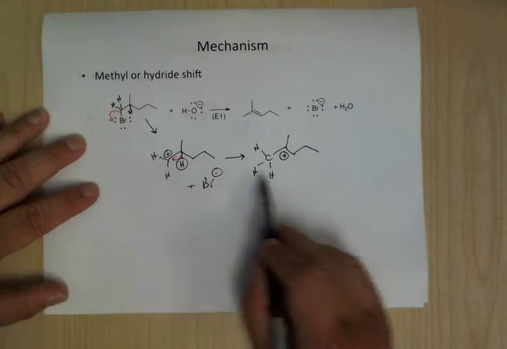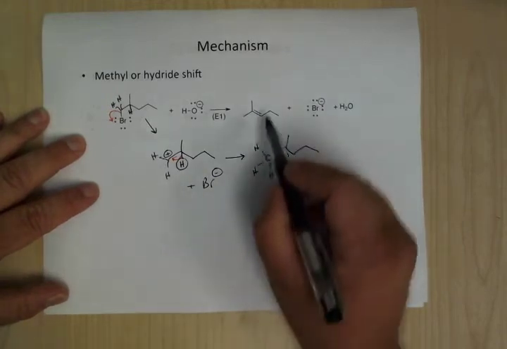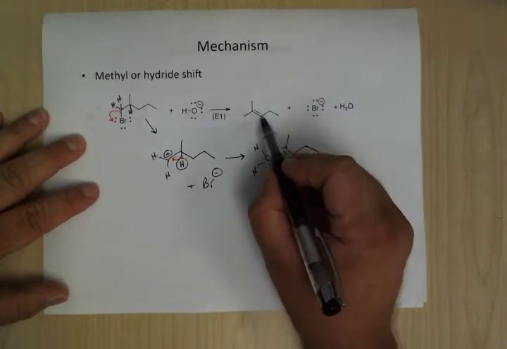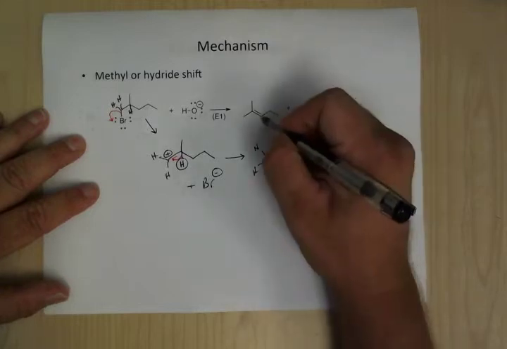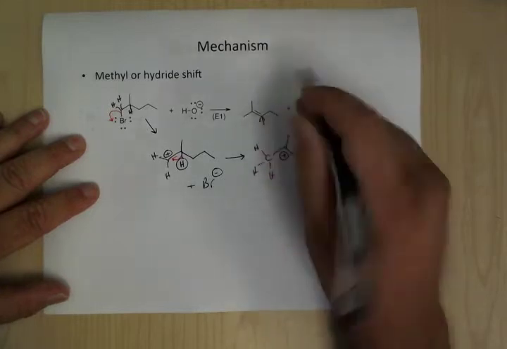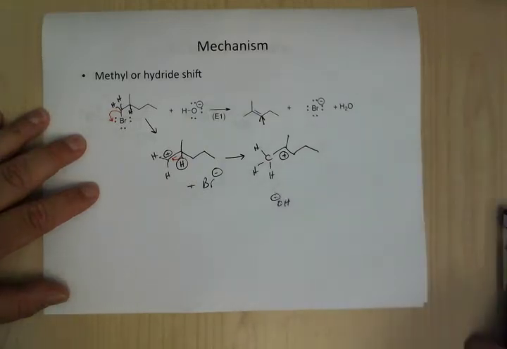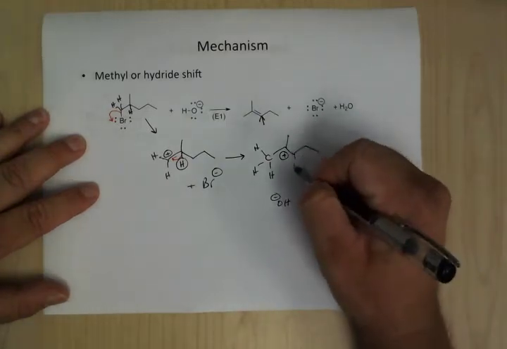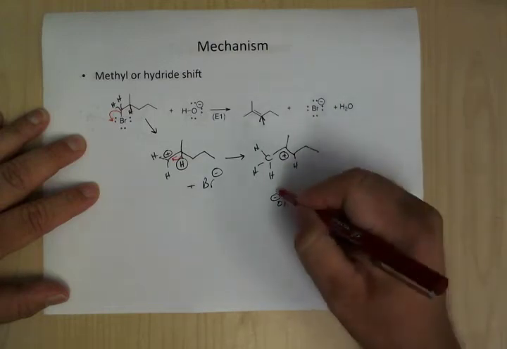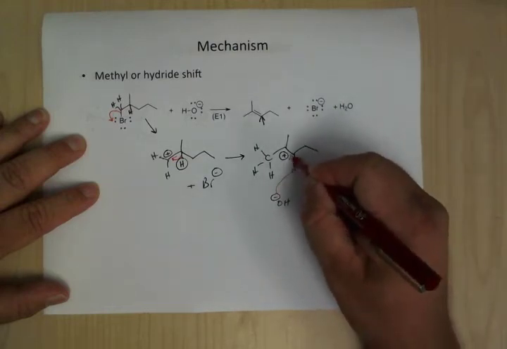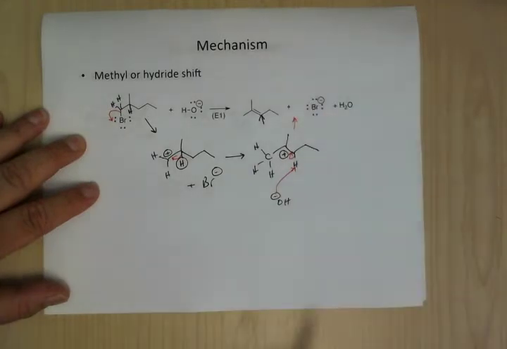So this hydrogen is shifted over. Now there's 3 hydrogens there. Since we know that we need to take the hydrogen from that side, the OH minus is going to grab this hydrogen, and that's going to collapse there to make this.